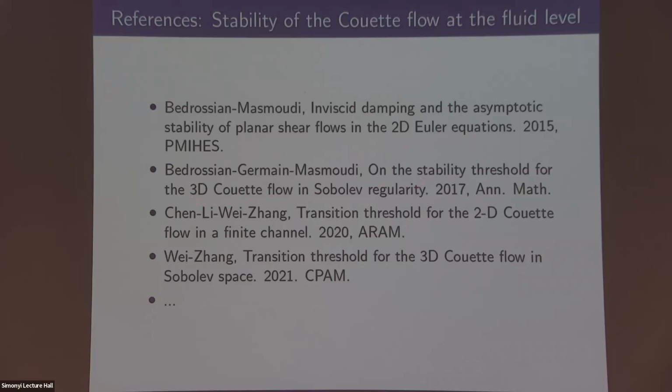So there's a stability threshold, and then I think that's ARMA in 2020, Chen, Li, Wei, and Zhang studied the transition threshold for 2D Couette in a finite channel. And in 2021, Wei and Zhang studied the transition threshold for 3D Couette in a Sobolev space.